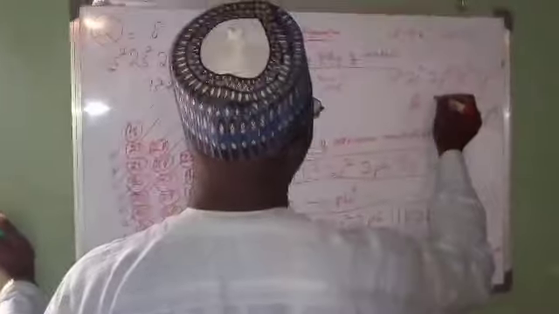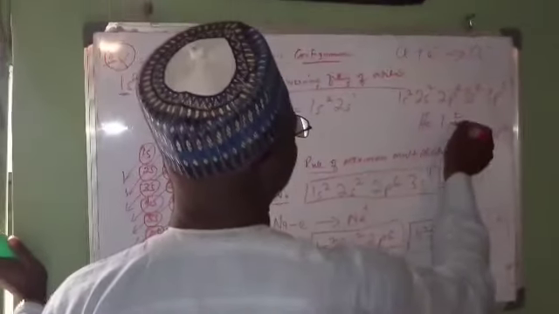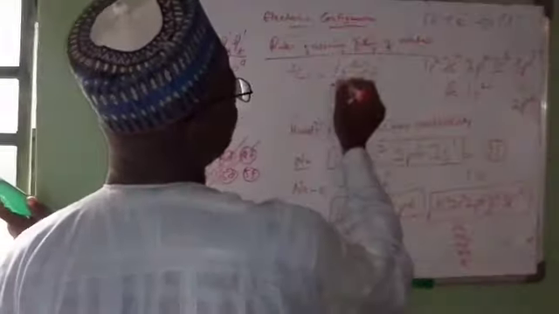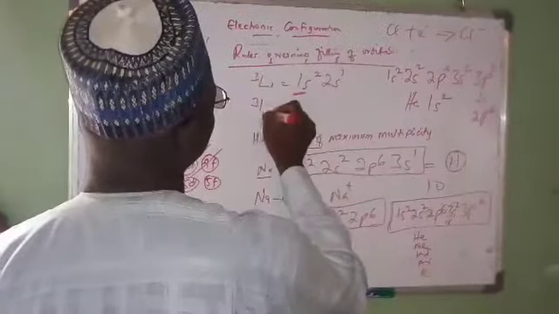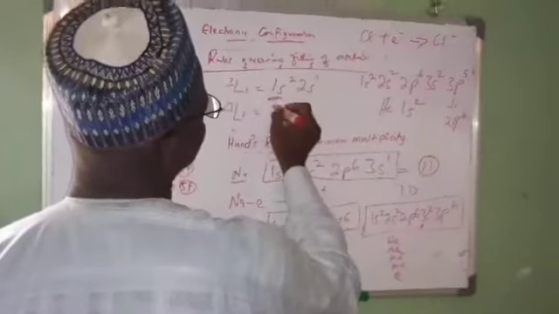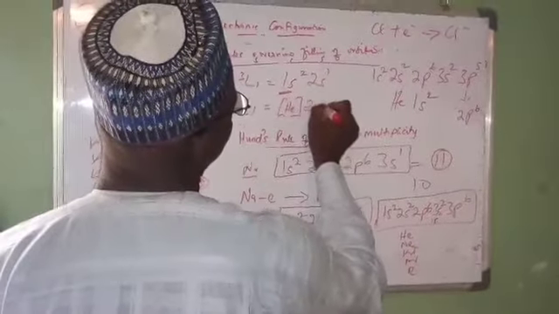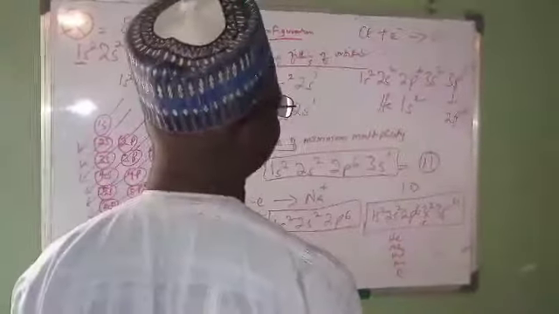So instead of writing the 1s2, you can use it to represent helium. It will now be the electronic configuration of a lithium atom at its ground state. You can represent it as helium core 2s1. It's as simple as that.